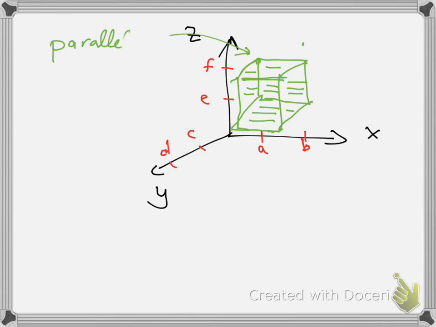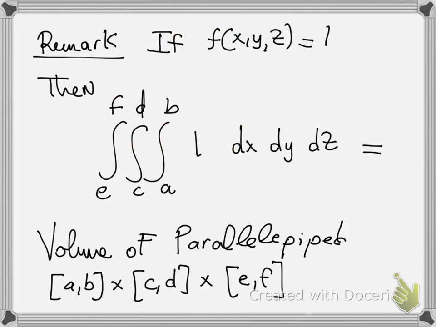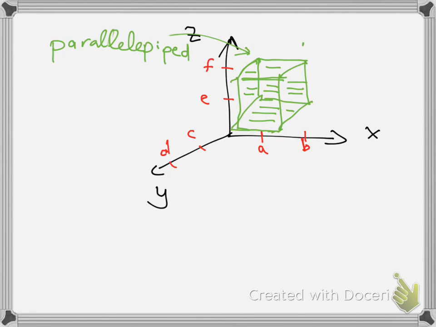So the volume of the parallelepiped would be equal to the triple integral of 1 dx dy dz.